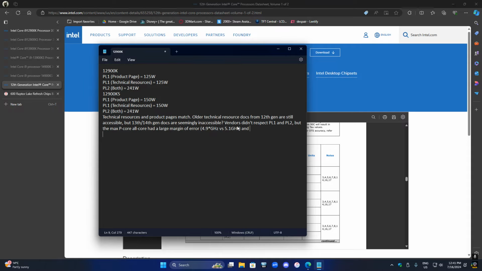And I'm going to put maybe... I can't recall if the 12900K was 5.0 in game or what it was. It might have been 5.0, it might have been 5.1. But at least for the 12900K, it was 4.9 versus 5.1.